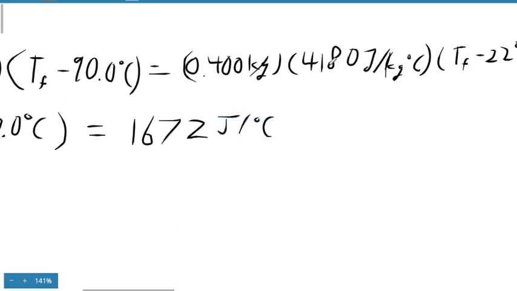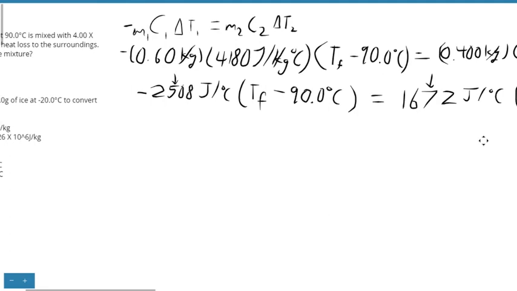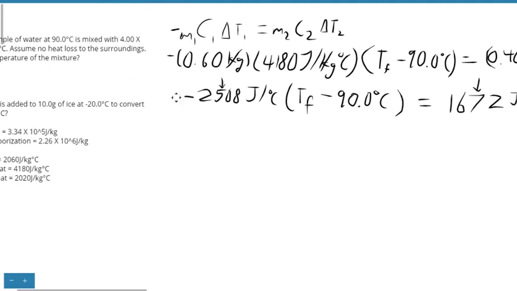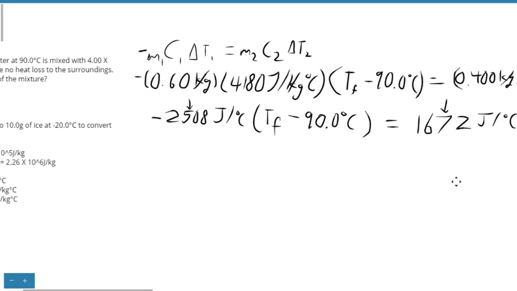And the sig fig is on the 7. We multiply by the same thing, TF minus 22 degrees Celsius. Okay, so now we have a smaller equation.